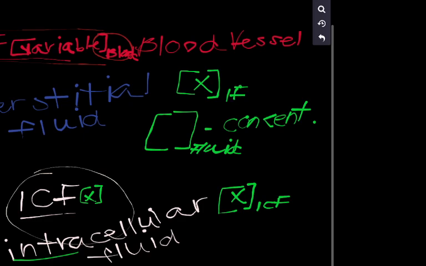And finally, if we were talking about our blood, or what's within our blood vessel here, it would be noted the concentration of our variable X within the blood. Sometimes I'll write out the full word blood. So that would tell you the amount of this chemical X within the blood.